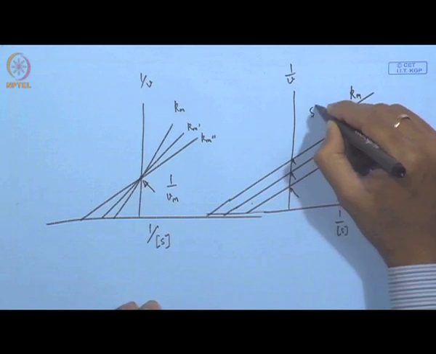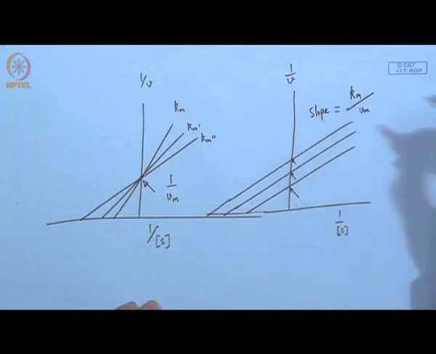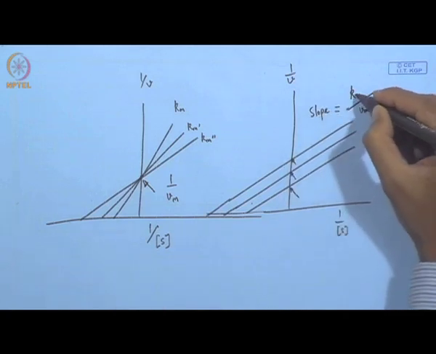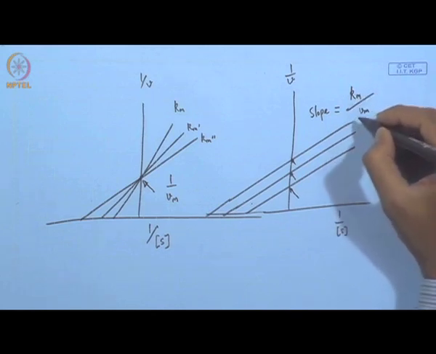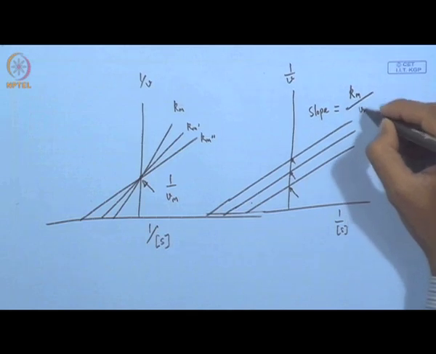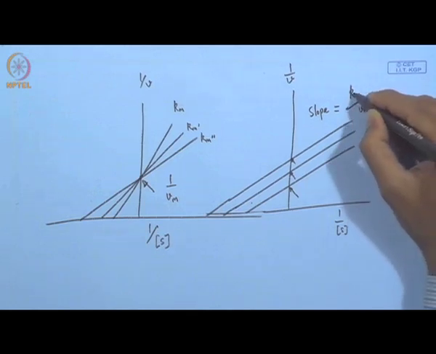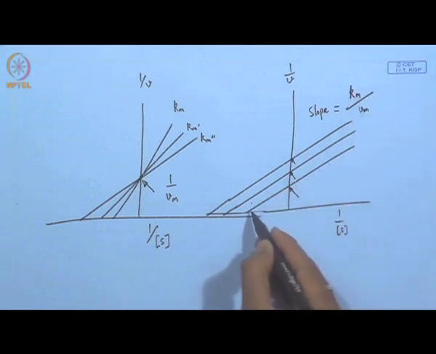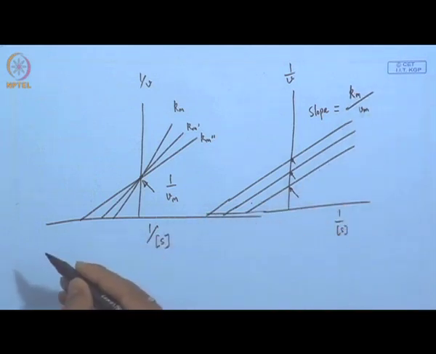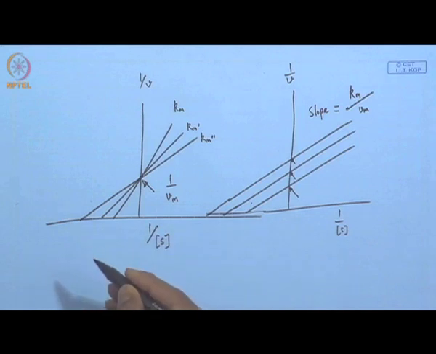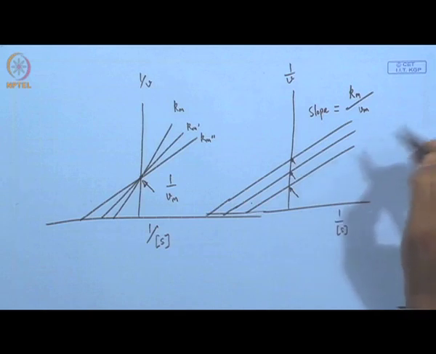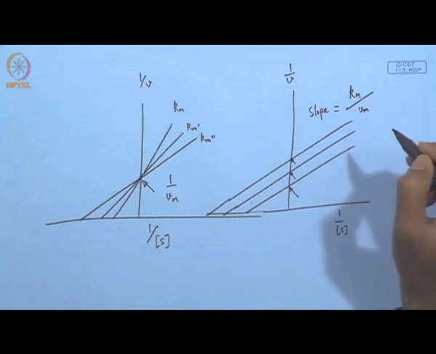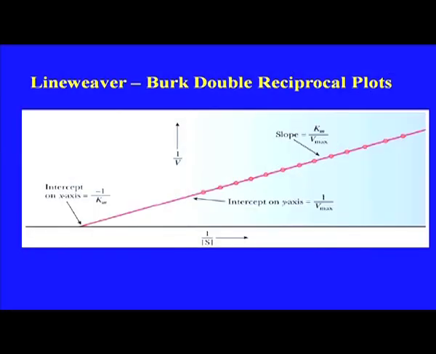So the slope is the same, which means maybe the ratio is changing in such a way that the slope is the same. Both may be changing; if one is increasing, the other is also increasing. You can check it directly from this expression, that slope is Km by V max and intercept is 1 by V max.